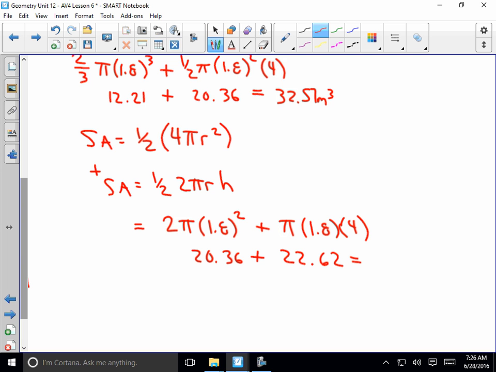Okay, we add those two pieces together, and we get 42.98. And that is meters squared. Okay, and that's the surface area over the top.